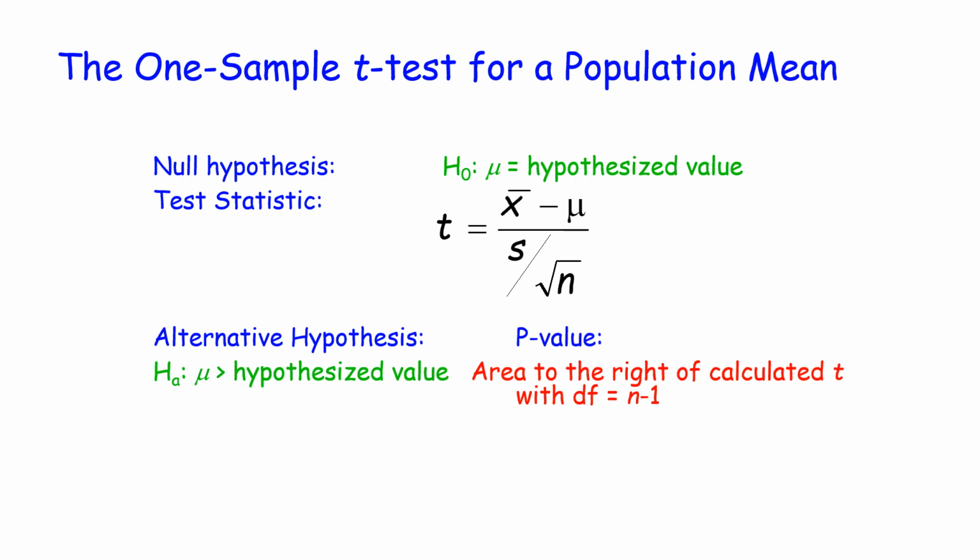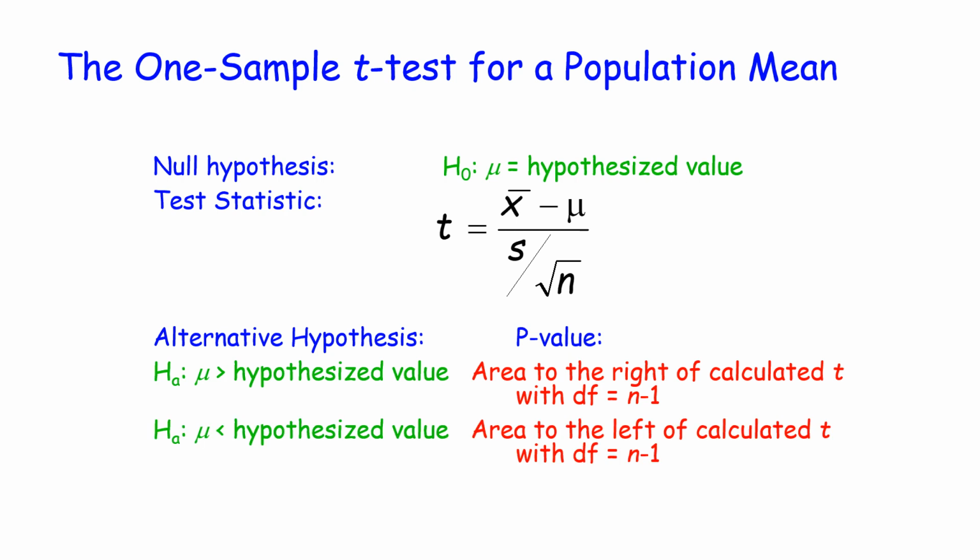Our alternative hypothesis and its corresponding p-value: if mu is greater than the hypothesized value, then our p-value is the area to the right of the calculated t with the degrees of freedom of n-1. If mu is less than the hypothesized value, then our p-value is the area to the left of the calculated t-value with the degrees of freedom of n-1.